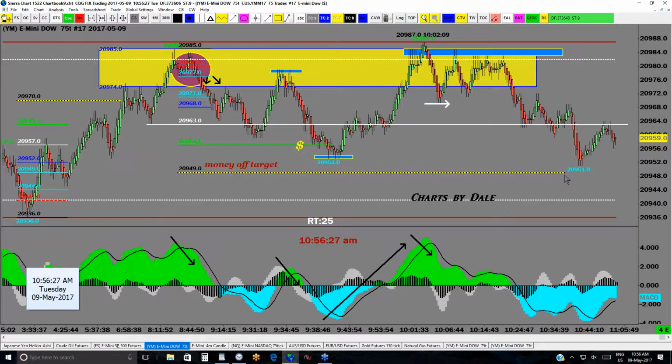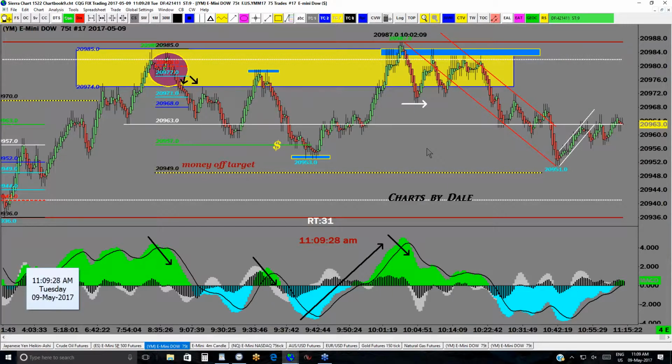Cross on your MACD to the upside, but it's still below zero. So divergence dwindling away. We're looking for the 20963 to hold as resistance. Those of you in the room that are long on YM, I want you to be careful.